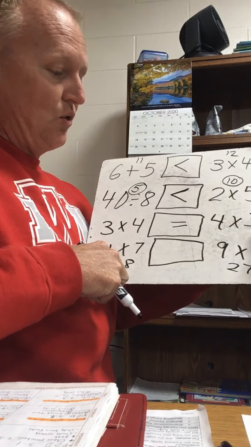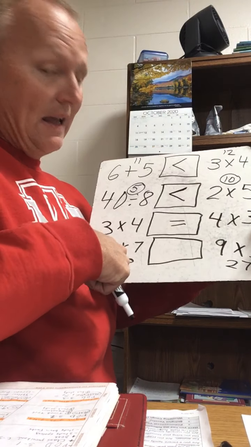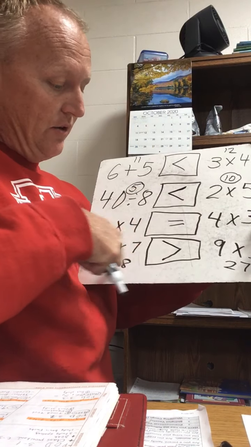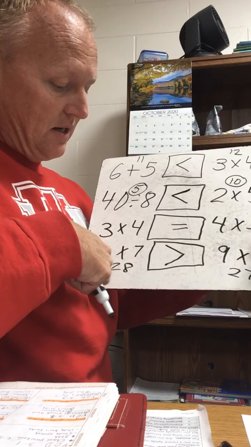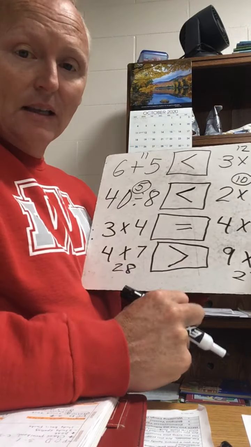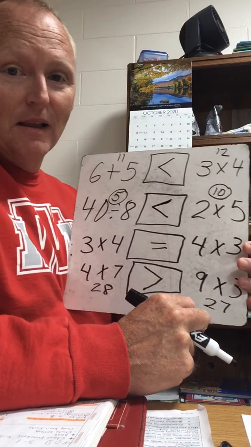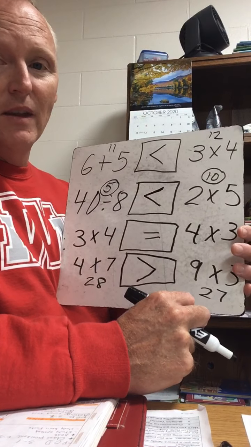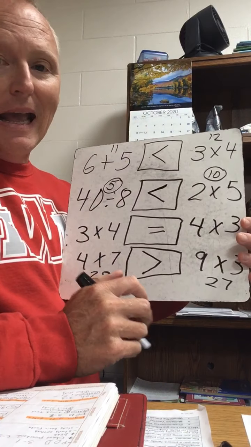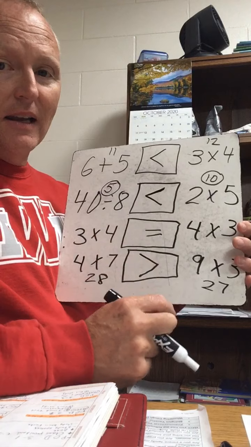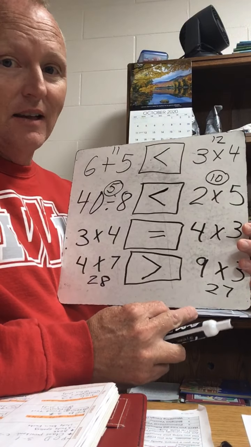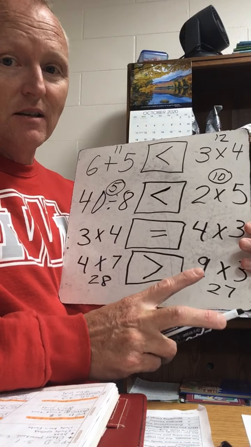Okay, 28 is greater than 27. So we're going to eat up the greater number. That's the greater than sign. 28 is greater than 27, and the alligator eats the bigger number. So this is what we call inequalities and equations. Now you can think of several others that you could do for practice, and just like anything else in math, the more you practice it, the better you will get.